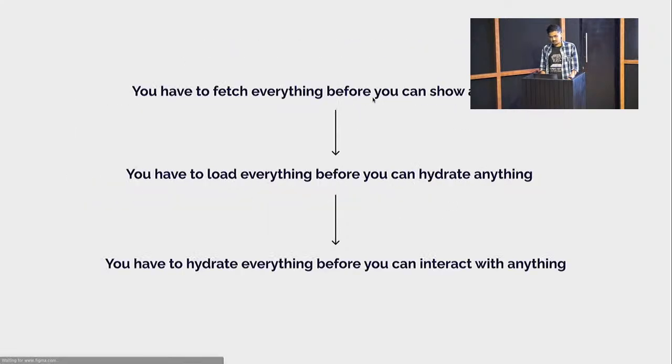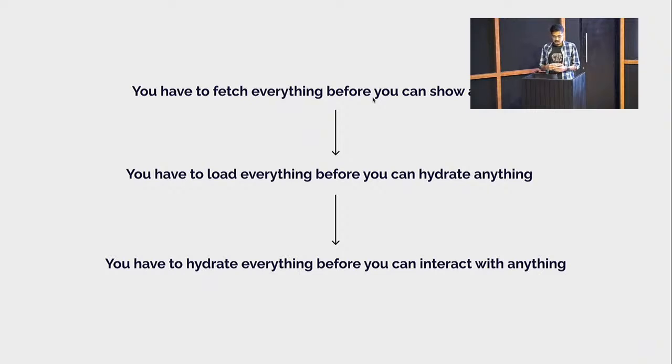I think Dan, in his discussion of the new Suspense architecture, summarized it really well. The problem with SSR right now is that first you have to fetch everything before you can show anything. You have to fetch all the data you need to show to the user on the server before you can show them anything. You have to load everything before you can hydrate anything, which means the user has to download all the JavaScript and then hydrate the whole app at once before the app can start being interactive.